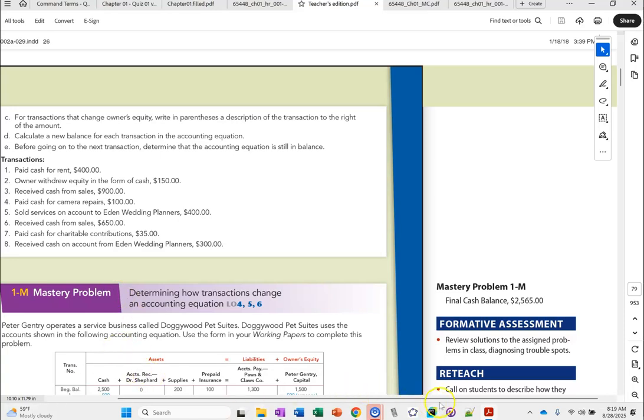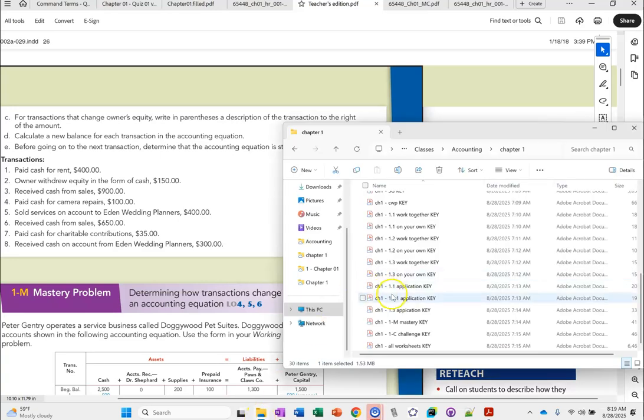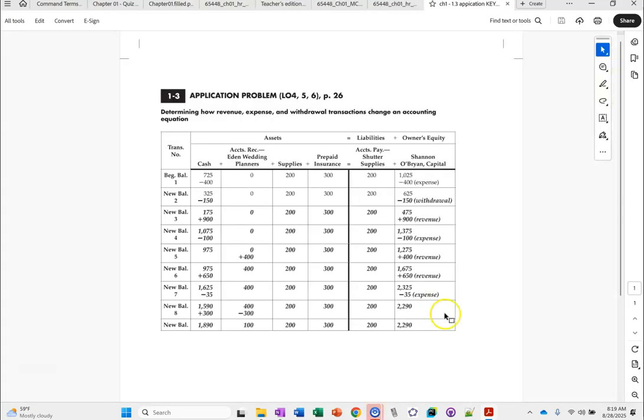Let me do this real quick, and that'll make everything easier. So this is what the completed version should look like.